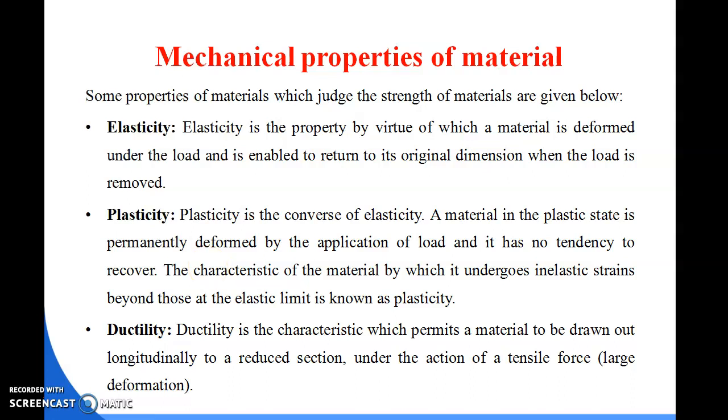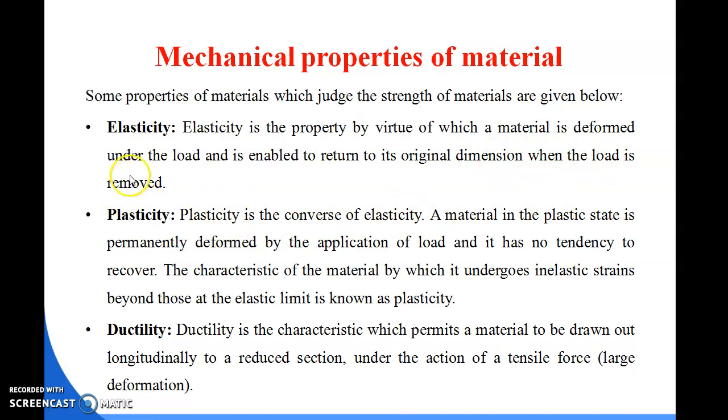Okay, so your first property is elasticity. What do we mean by elasticity? Elasticity is the property by virtue of which a material is deformed under load and is able to return to its original dimension when the load is removed.